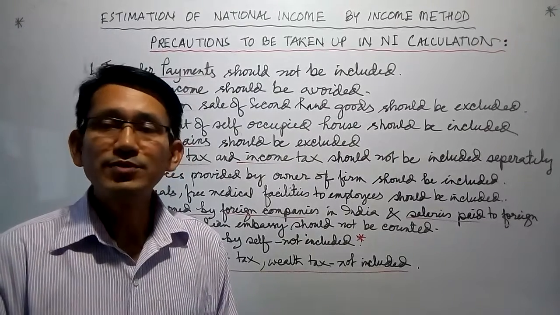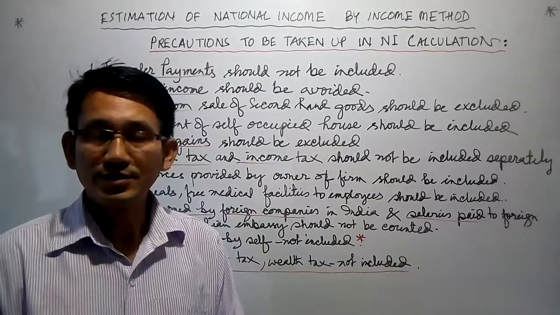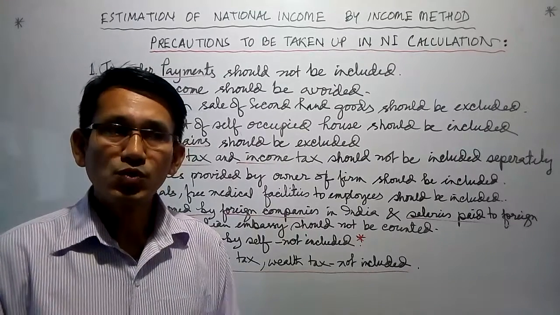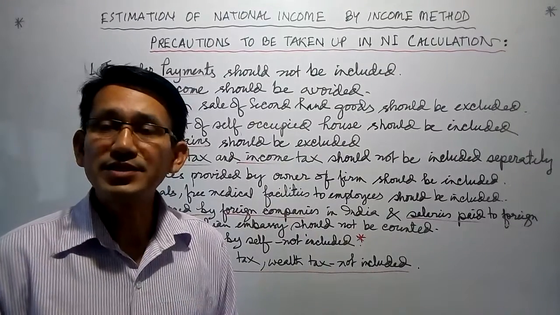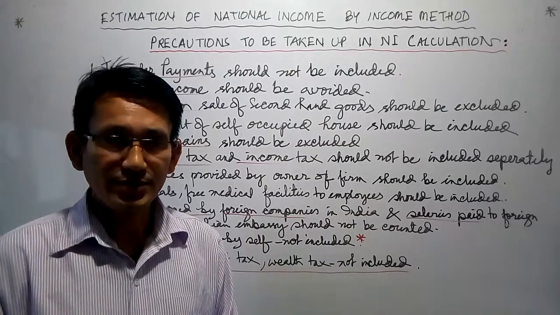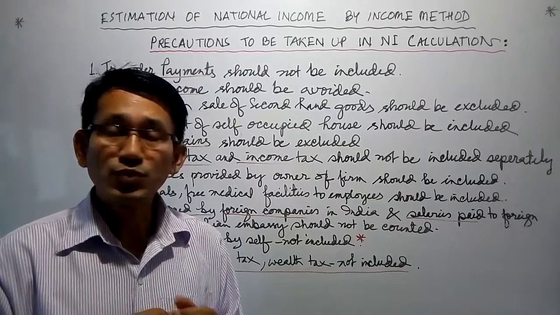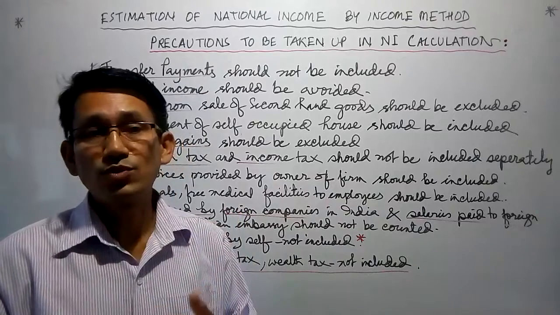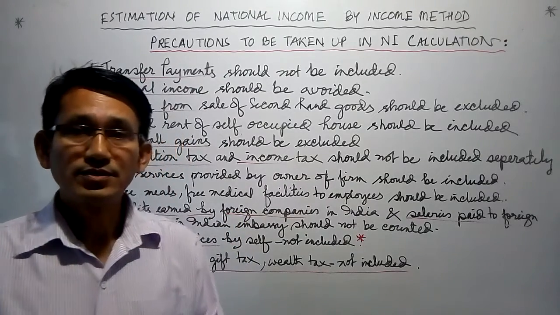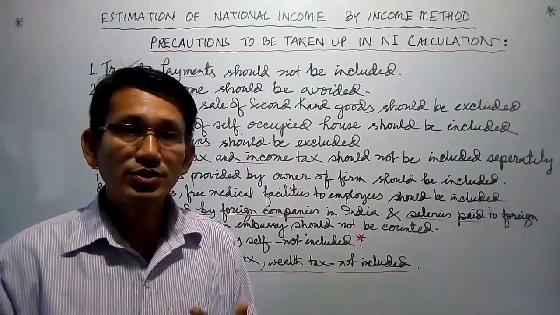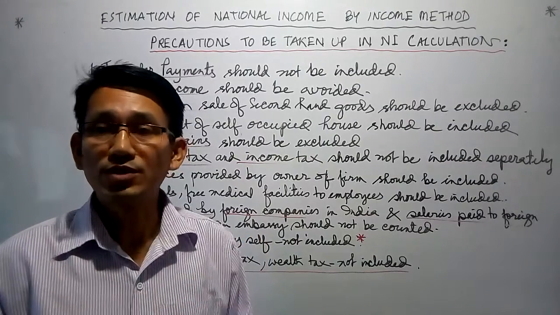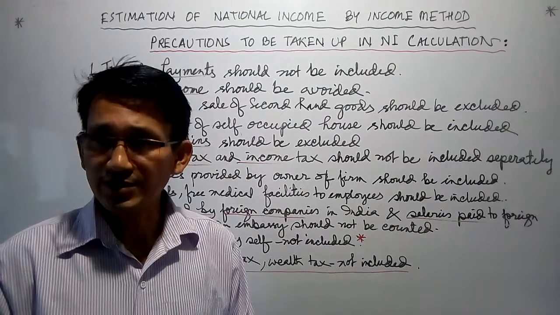So today we'll be taking up some of the precautions to be taken into account when we calculate the national income by the income method. There are some items which we consider as income, but these incomes are not earned. Those unearned incomes should not be taken into account in the calculation of national income.